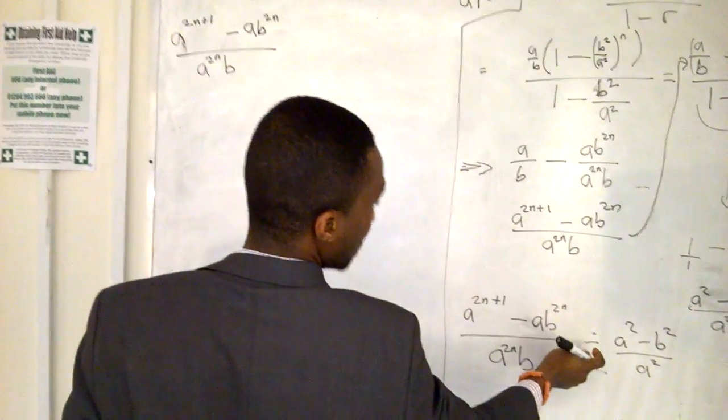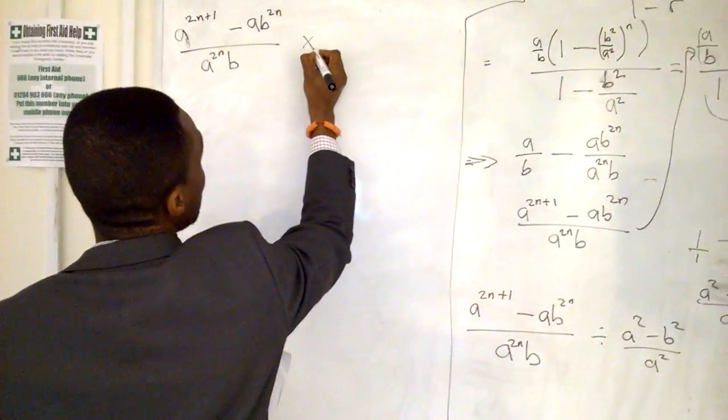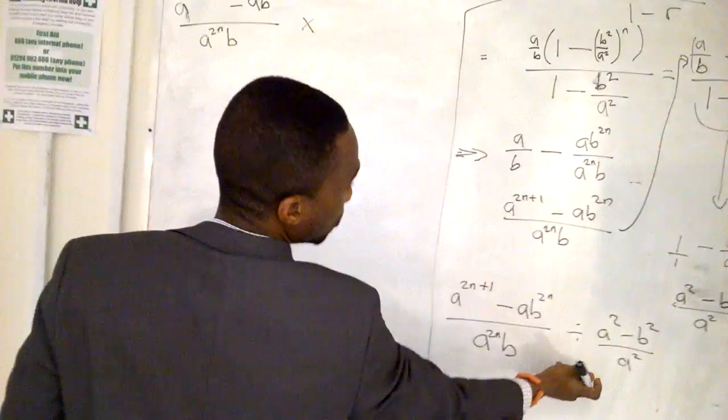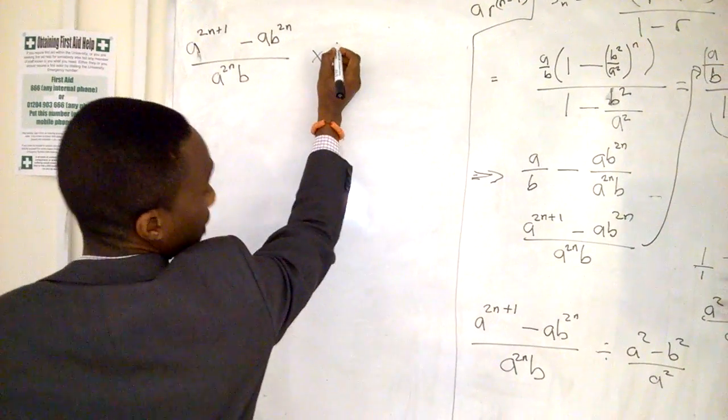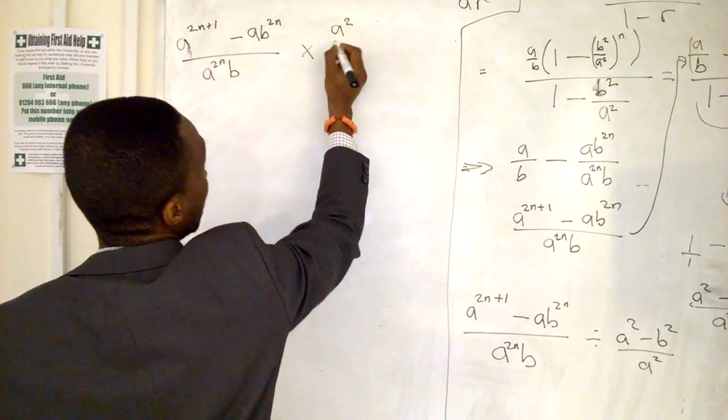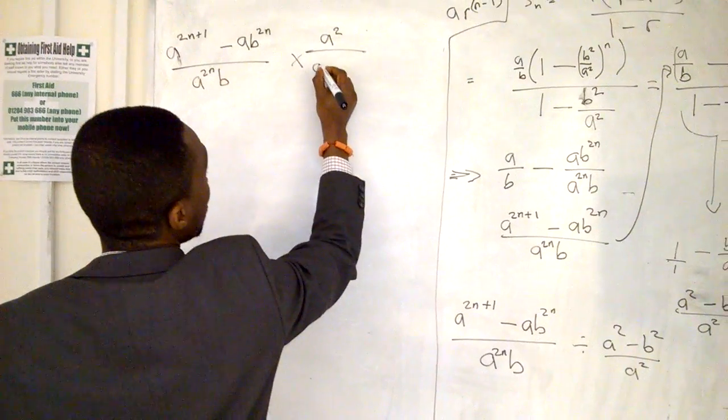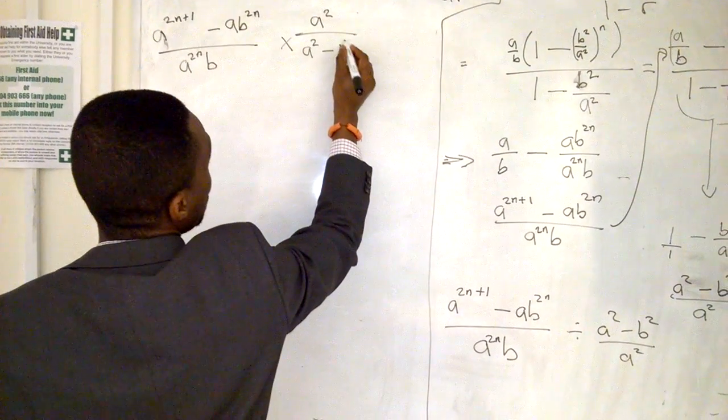Now, because it's division, then it's going to be multiplied by, then you turn it upside down. a squared over a squared minus b squared.